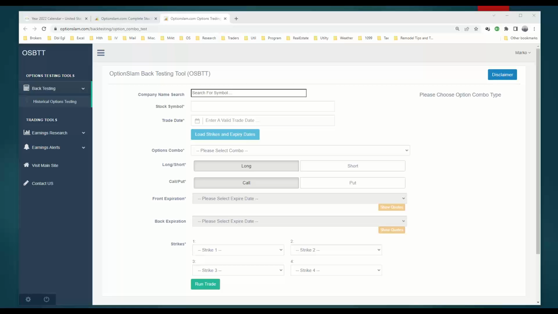I'm not sure that there is an easy way to model this without looking at the entire trading range of the underlying on the day following the earnings announcement.